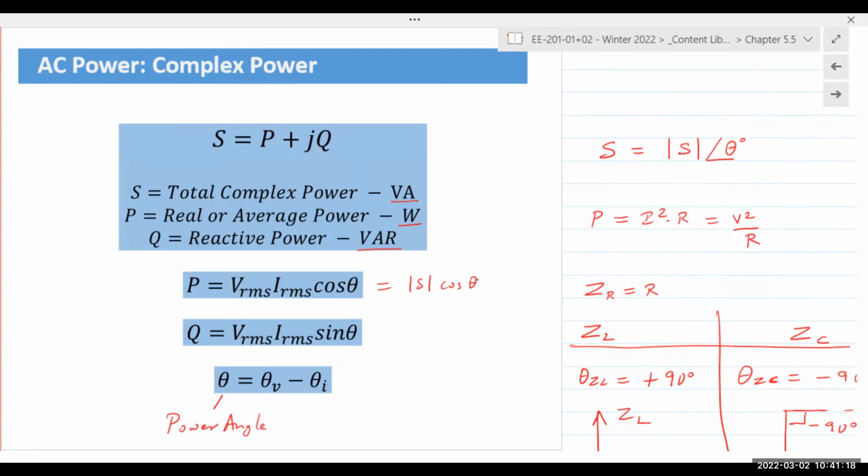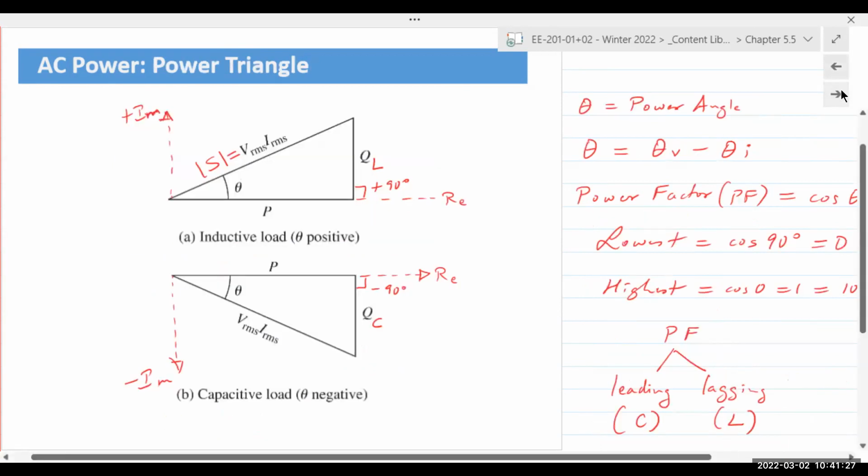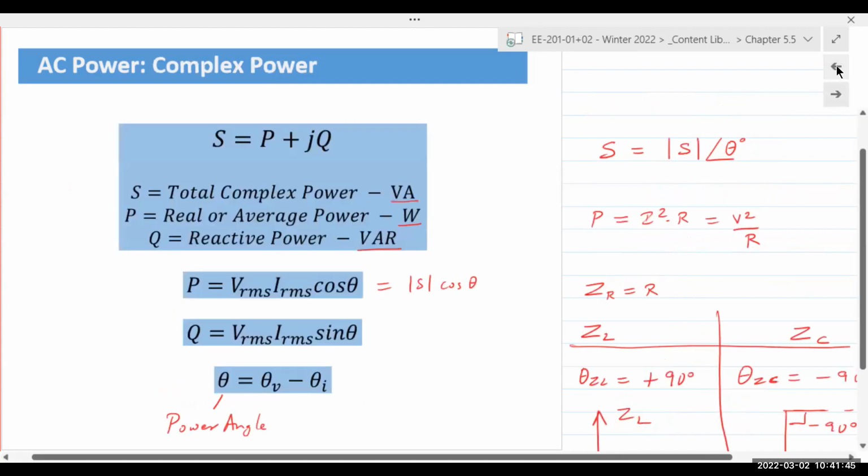RMS values is the average, remember? So the hypotenuse is just showing you the magnitude of the complex power. The power angle is separate. So this is just the magnitude. The power angle is right here. So S is the magnitude of S, and the power angle theta does not include any information about the angle. Make sense? Right?